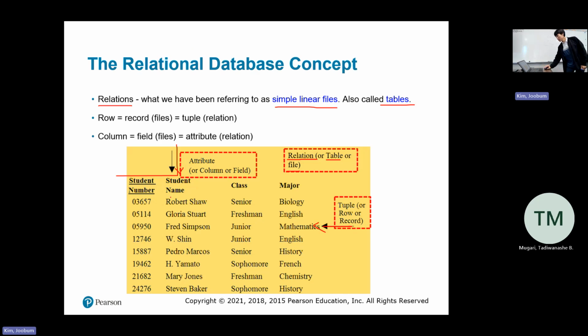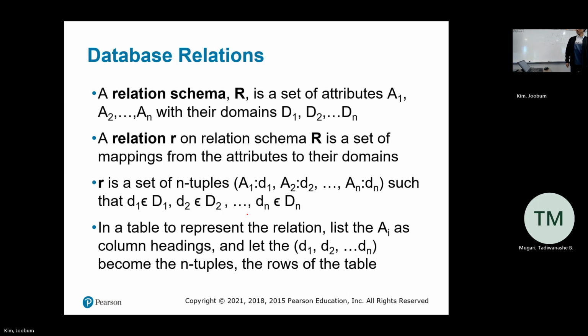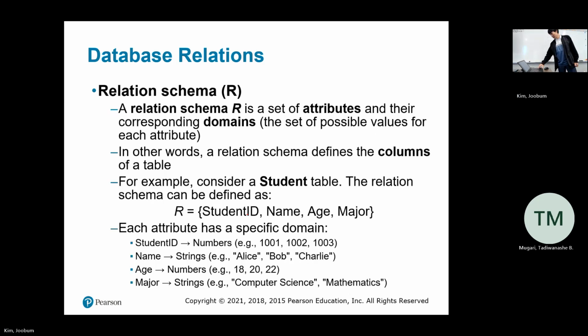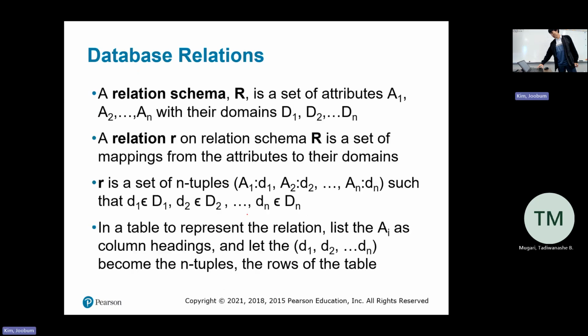So to create this kind of relation or table, which can be used in the relational database, we have to understand database relations. These three pages are about database relations, the relational algebra.